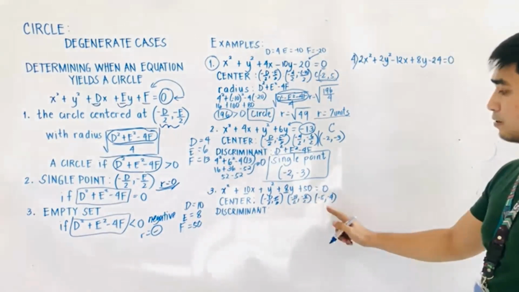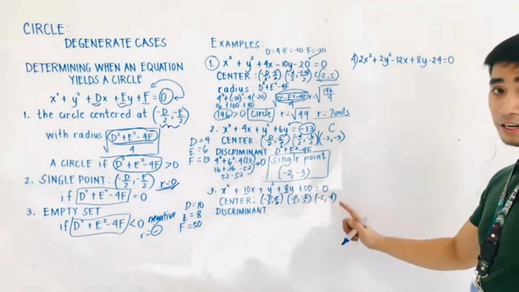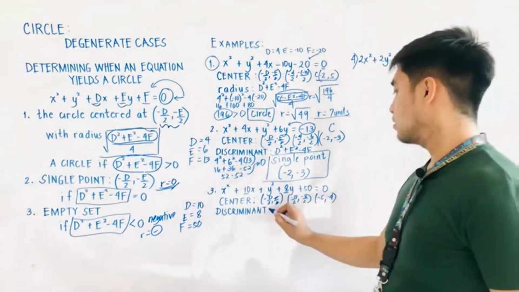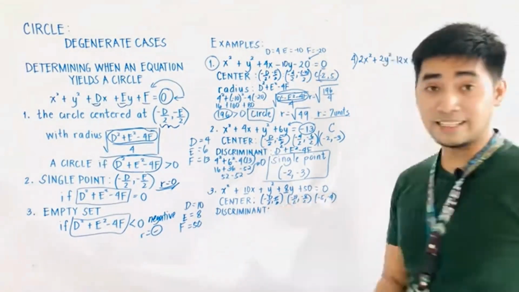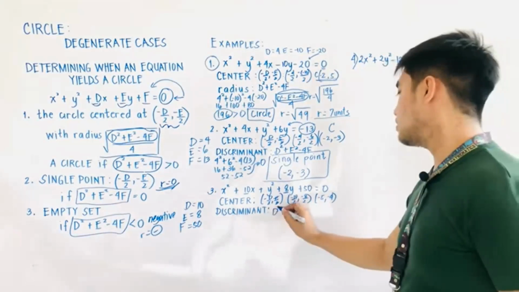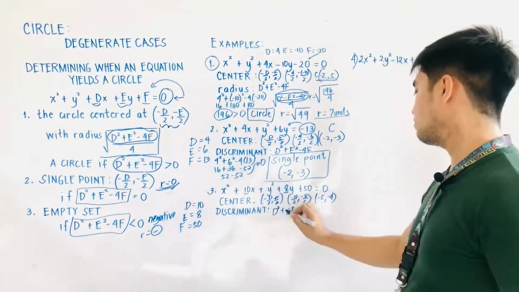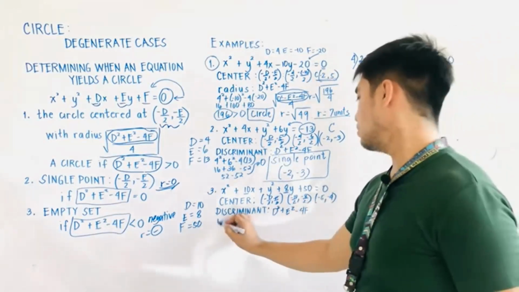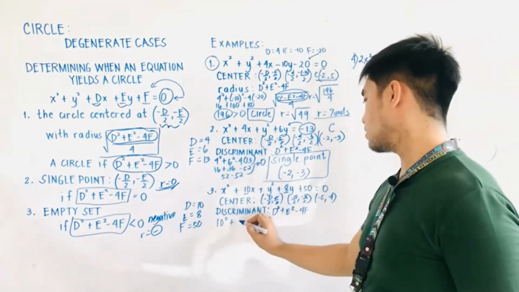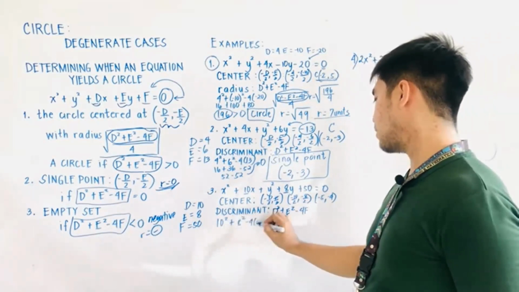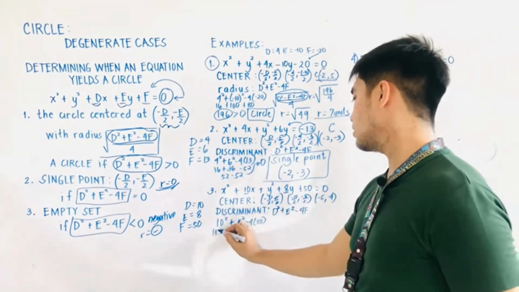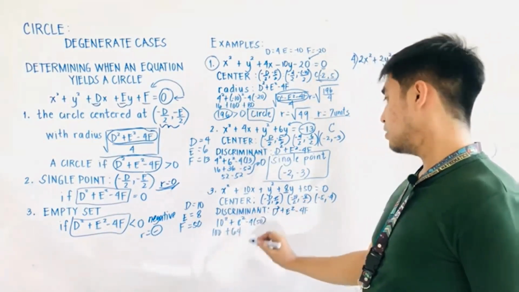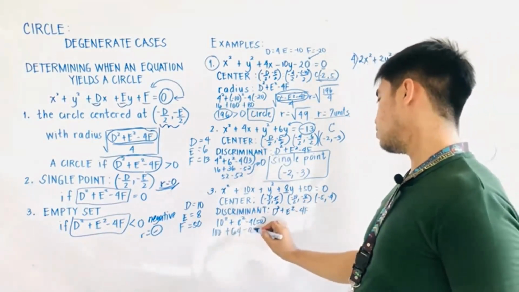So this is now supposed to be the center if it yields a circle, but let us now find out if it is really a circle using the discriminant d squared plus e squared minus 4f. Okay? So we'll be having 10 squared plus 8 squared minus 4 times 50. 10 squared is 100, 8 squared is 64, and 4 times 50 is 200.